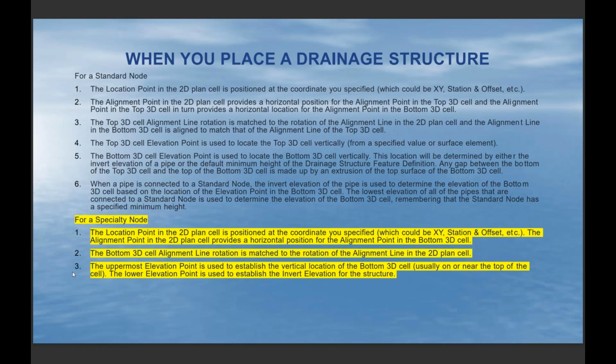The alignment point of the 2D plan cell provides a horizontal position for the alignment point of the bottom 3D cell. Then the bottom 3D cell alignment line rotation is matched to the rotation alignment of the line in the 2D plan.